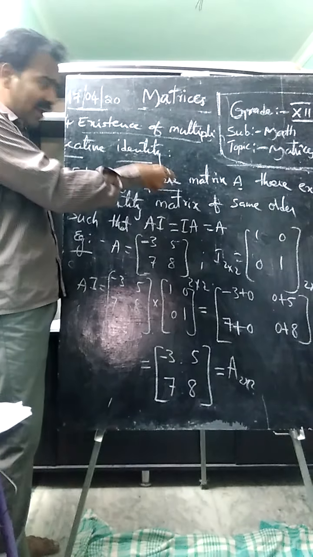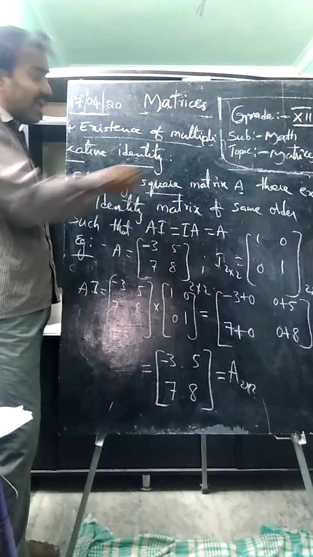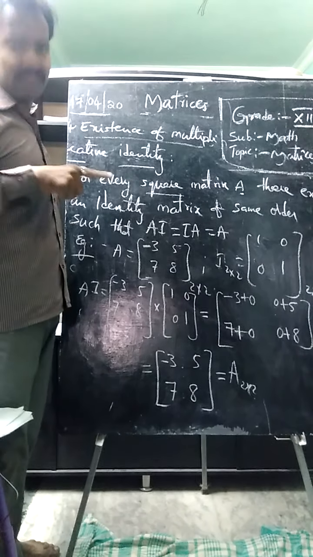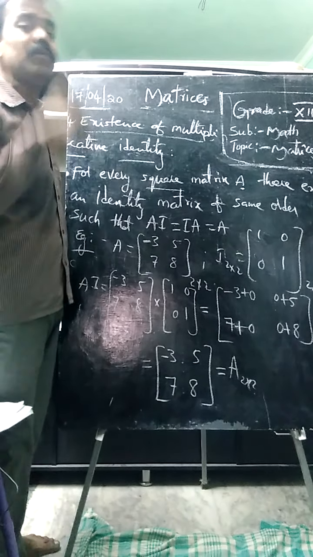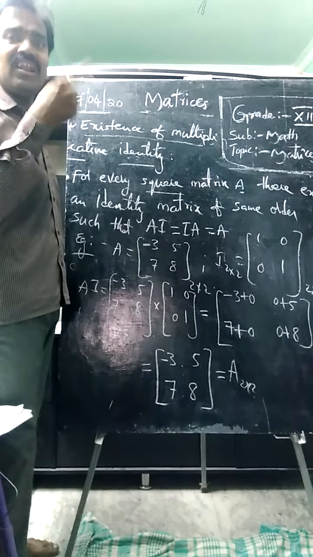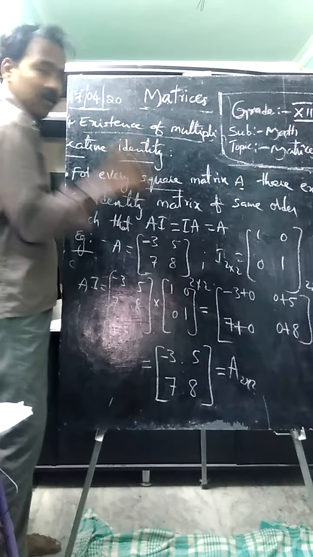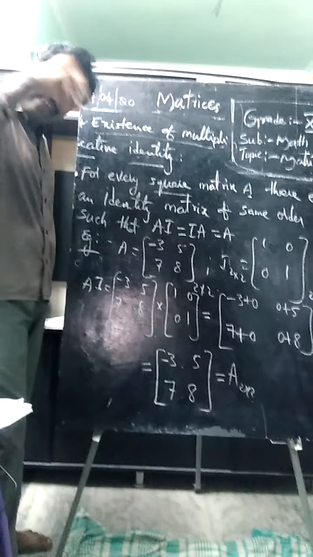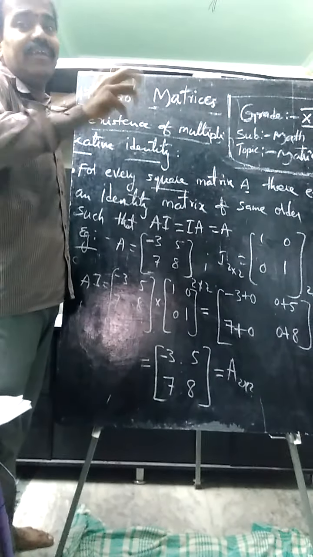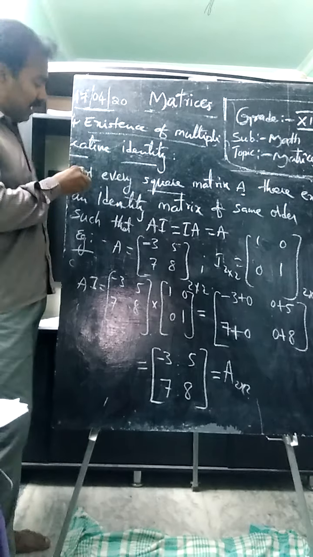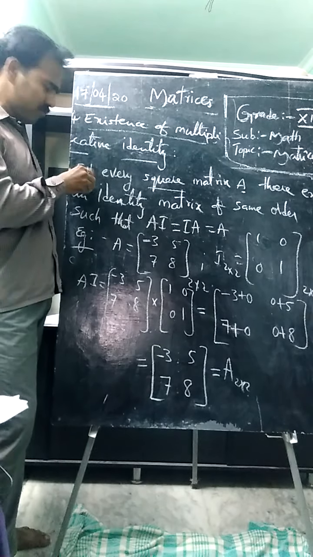That is why I mentioned clearly a square matrix of the same order. And one more thing, the identity matrix is nothing but a scalar matrix, and a scalar matrix is never rectangular. So we can't apply this property to a rectangular matrix, and it is not applicable universally, but for a square matrix, yes, it is possible.